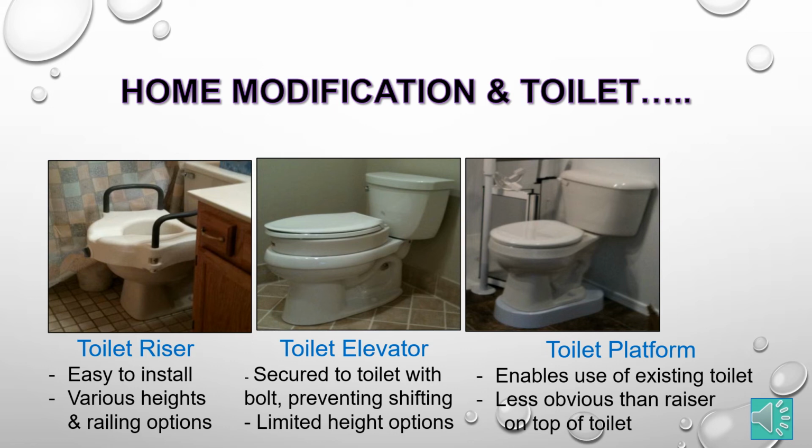Also, there is a toilet elevator, which is secured to the toilet with bolts and prevents shifting, but it has limited height options. Another way to modify the toilet is the toilet platform, which enables use of the existing toilet, and it's also less obvious than a riser on top of the toilet.